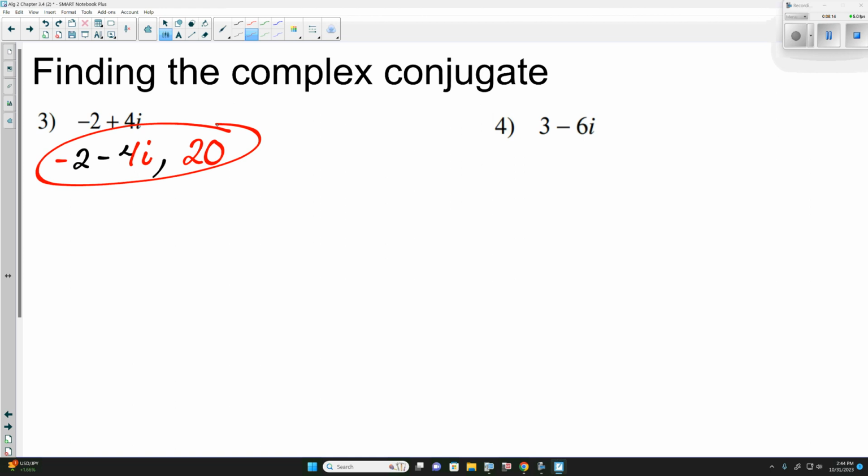Well, negative 2 squared is 4, and 4 squared is 16. Then we would add those together. But in the calculator, we could do it as negative 2 plus 4i times negative 2 minus 4i. If we type that in, we should get 20.